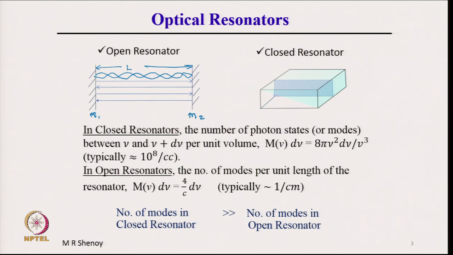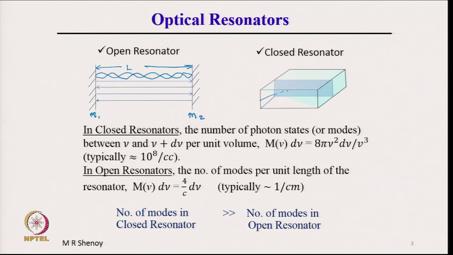In the case of a cubical or closed resonator, for example a crystal, we can have different types of ray paths. Here there is only one type of ray path, but here you can have many types.